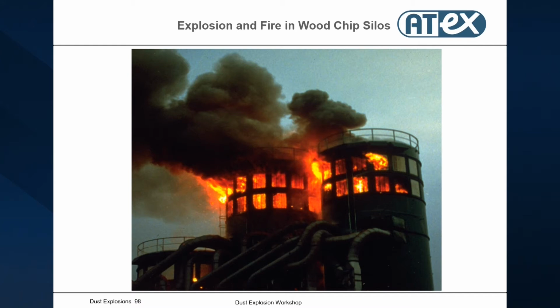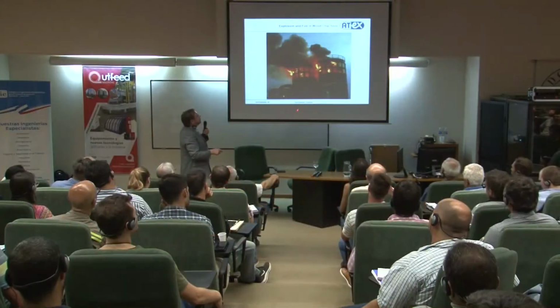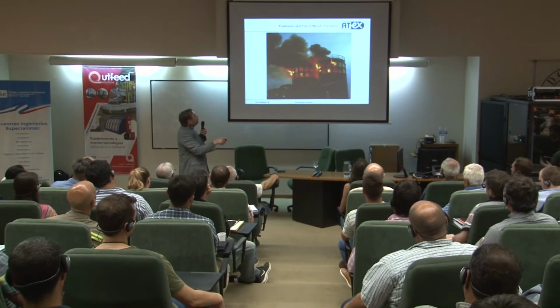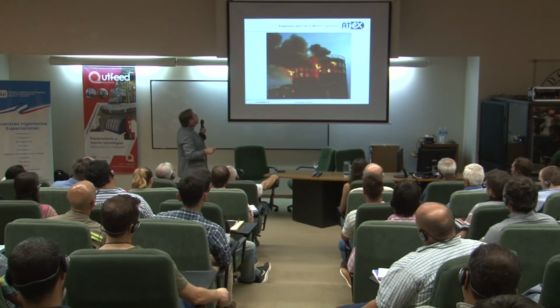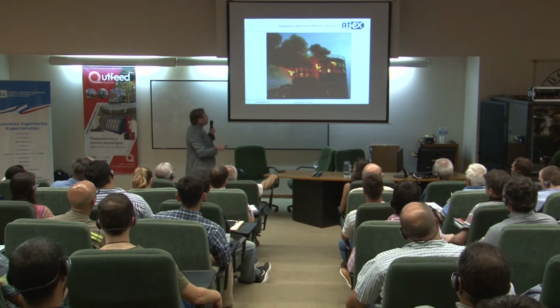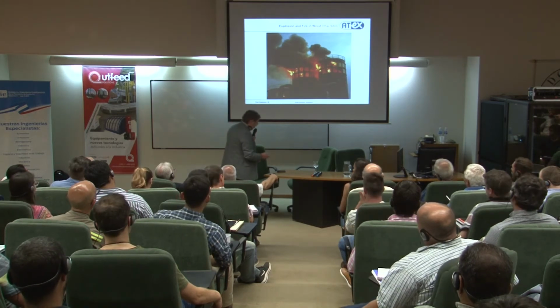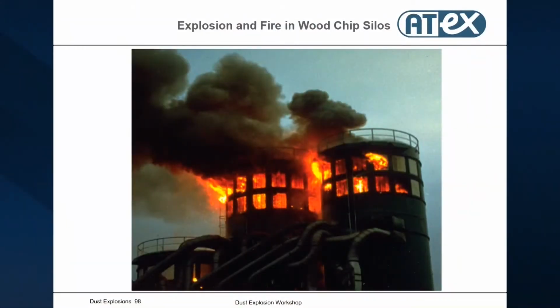So you had a relatively weak explosion in there. Then it went through the pipe and ductwork into the second, and the second one really got a lot of damage, while the first one didn't get that much damage, only everything burned down, obviously. And that was also because of not having explosion isolation.